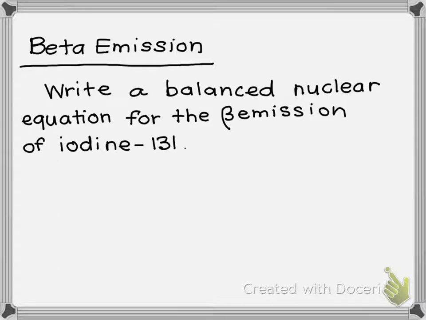So let's look at a beta emission. And so the symbol that's most helpful for beta is the 0 as the mass number, the -1, and the e. So I look at the problem: write a balanced nuclear equation for the beta emission of iodine-131. So I have 131, and I know iodine is the element.